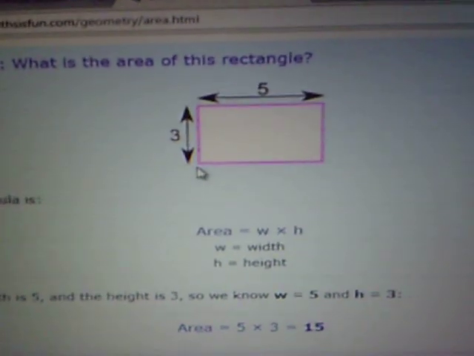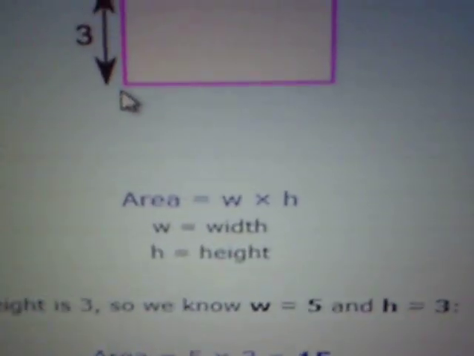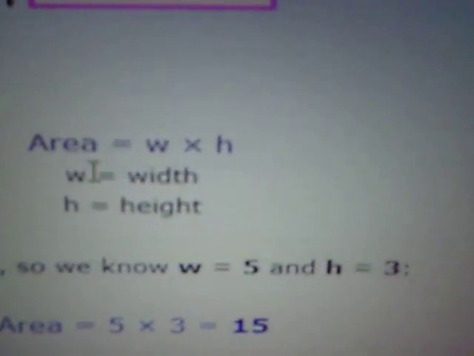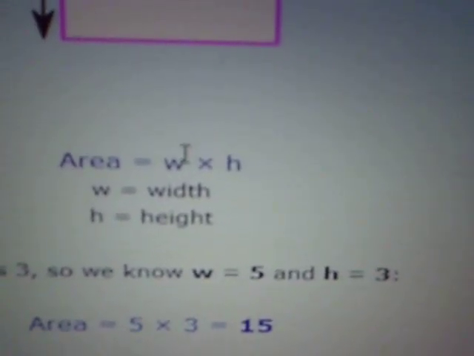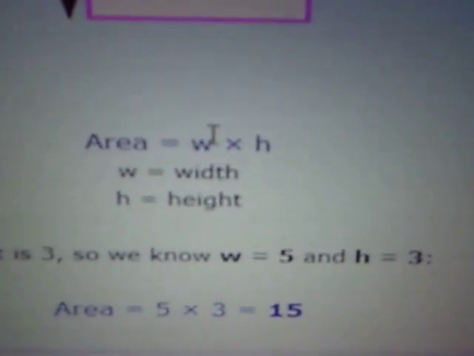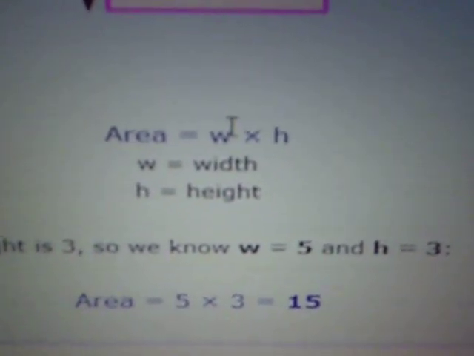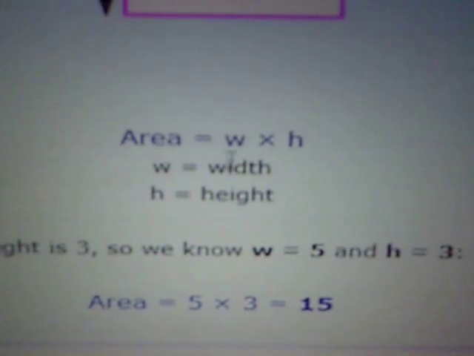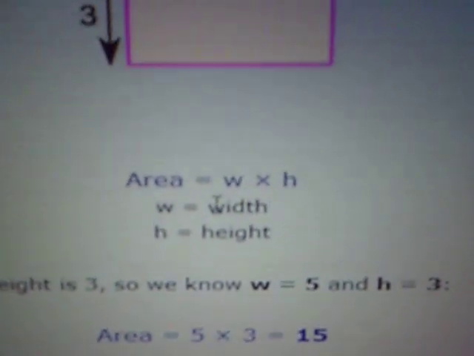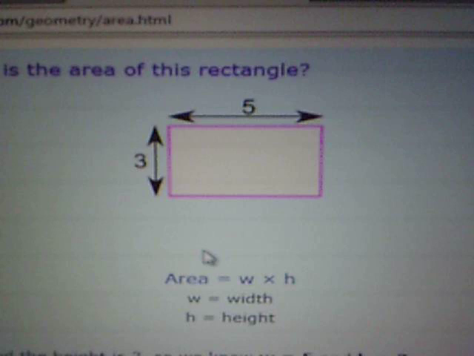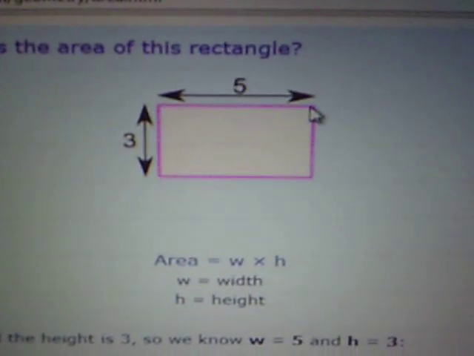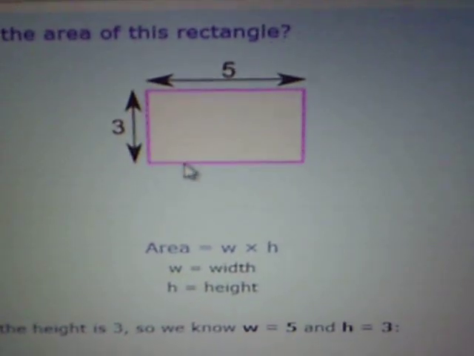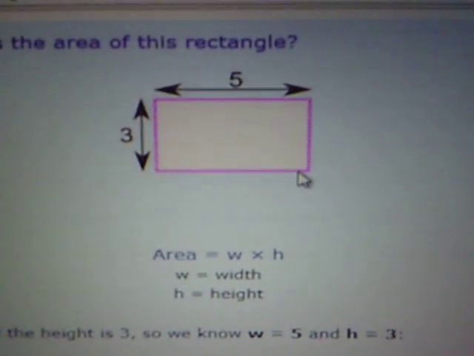In order to find the area, you must apply the area formula. The area formula is width times height. We can also say base times height instead of width. Some textbooks and math problems use the term base instead of width. In this rectangle, first you must find the width, which is how wide it is, also called the base if you're talking about the bottom of the shape.